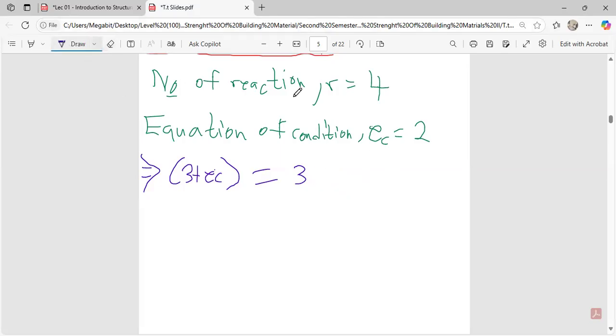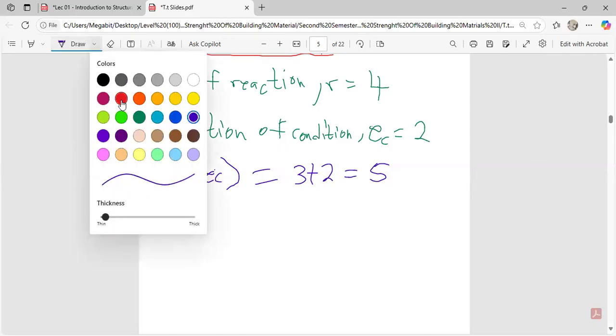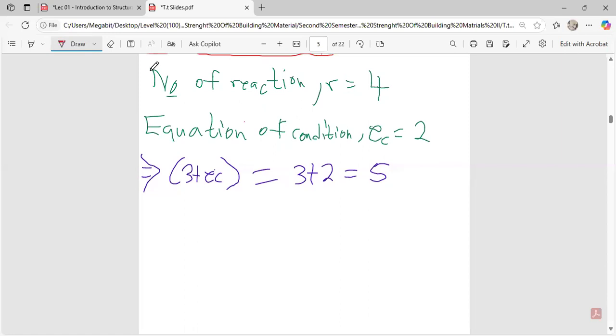So you just realize that we have found an answer to a problem which we have been anticipating. So 3 plus 2 is equal to 5. So finally, we can now classify the structure. The equation of condition is just a continuation of this. Let me write them as points so that you see how it is. Let's say this is point 1.